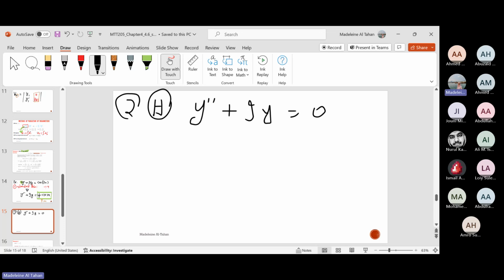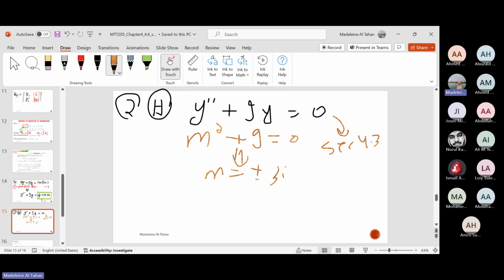Okay, how do we solve this one? m squared plus 9 equals 0. m equals plus or minus 3i. And y is equal to C1 cosine 3x plus C2 sine 3x.